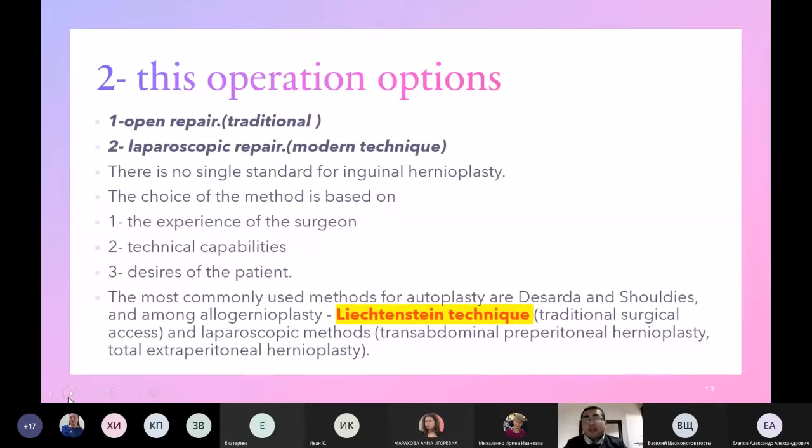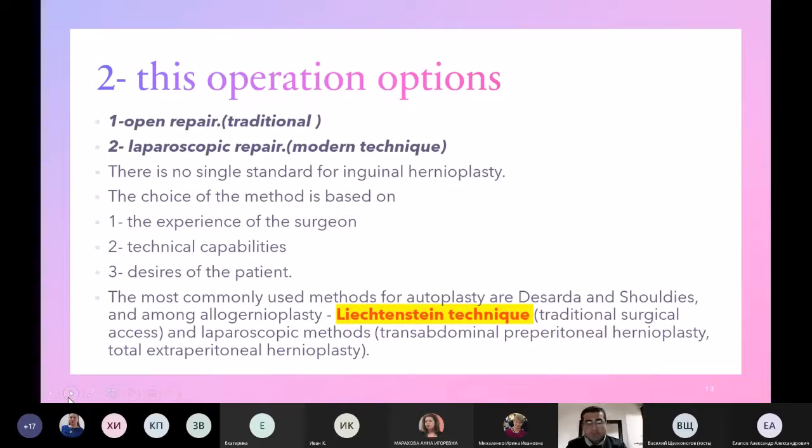This operation has a lot of options all over the world. The classical option is open repair, the traditional one; laparoscopic repair, the modern technique; and in some countries, robotic hernia repair. There is no single standard for inguinal hernioplasty, and the choice of method is based on the experience of the surgeon, technical capabilities, and sometimes the desires of the patient.